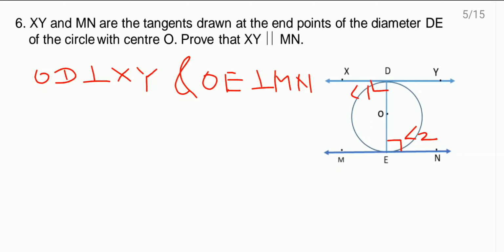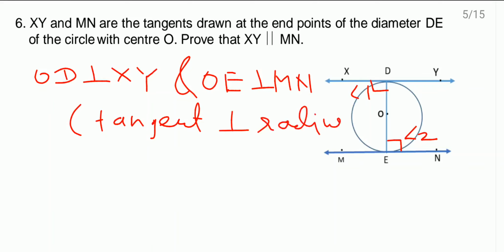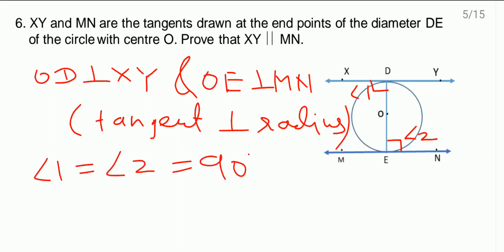Reason is what? Tangent is perpendicular to radius. Okay, this is the reason. So here angle 1 is equal to angle 2, which is equal to 90 degree.